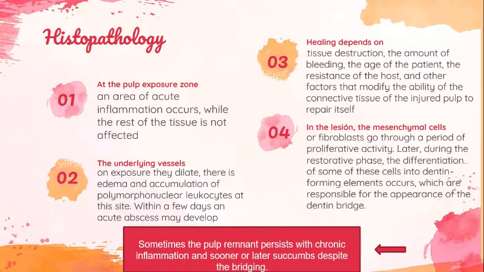Later, during the restorative phase, the differentiation of some of these cells into dentin-forming elements occurs, which are responsible for the appearance of the dentin bridge. Sometimes the pulp persists with chronic inflammation and sooner or later succumbs despite the bridge.